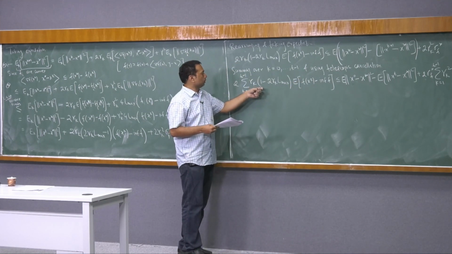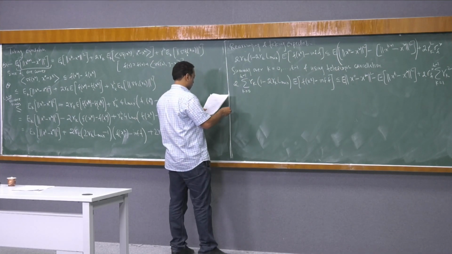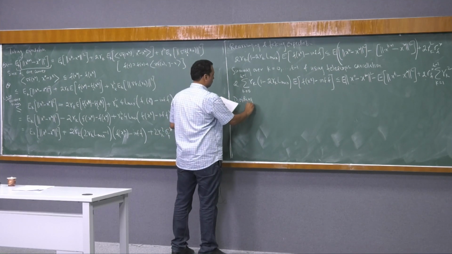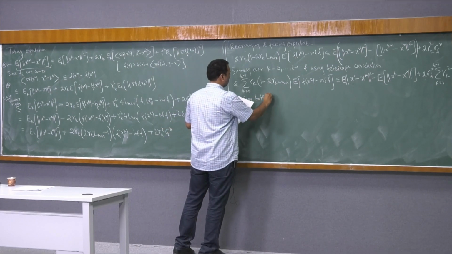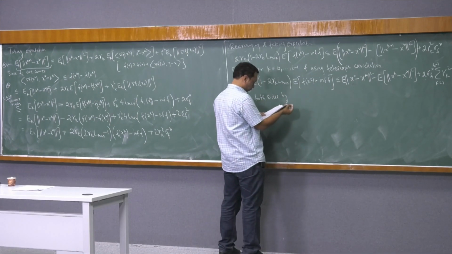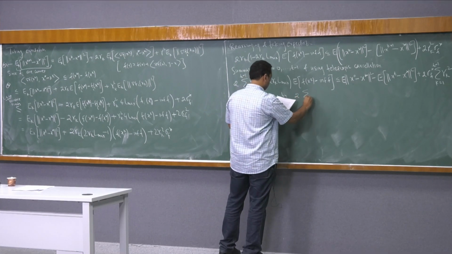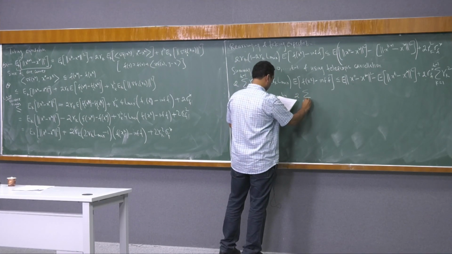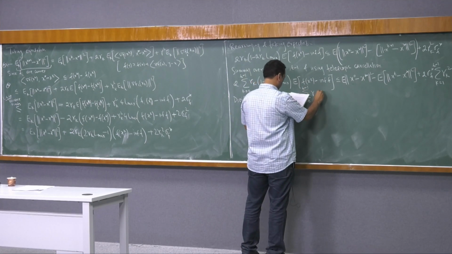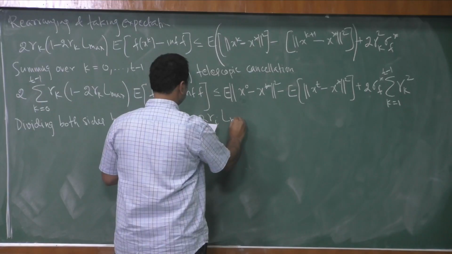We're trying to get rid of these and put everything on the right hand side. So dividing both sides by 2 times the sum of i equals 0 to t minus 1 of gamma i, times 1 minus 2 gamma i L max.